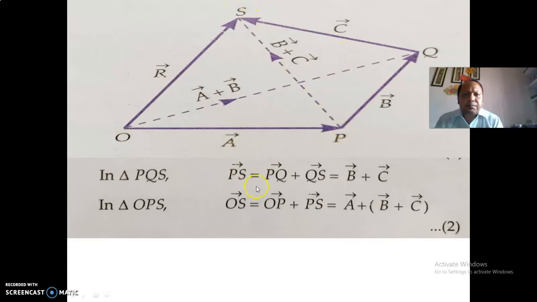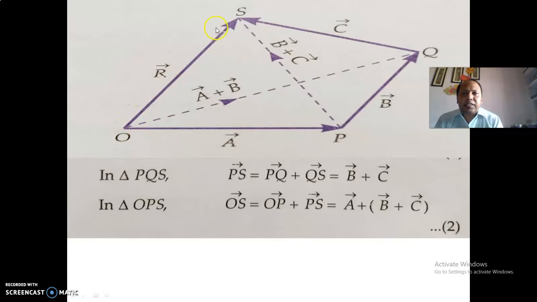So vector PS is written as vector PQ plus vector QS, and the values of PQ and QS are vector B and vector C. Now let us find this vector OS, which is the resultant. We have vector PS, which is given by vector B plus vector C.